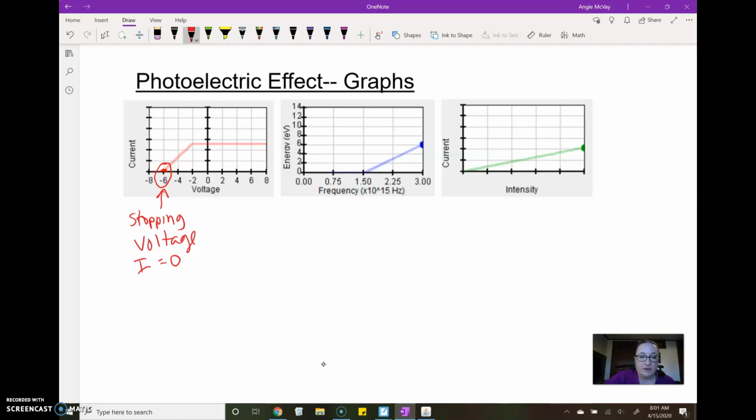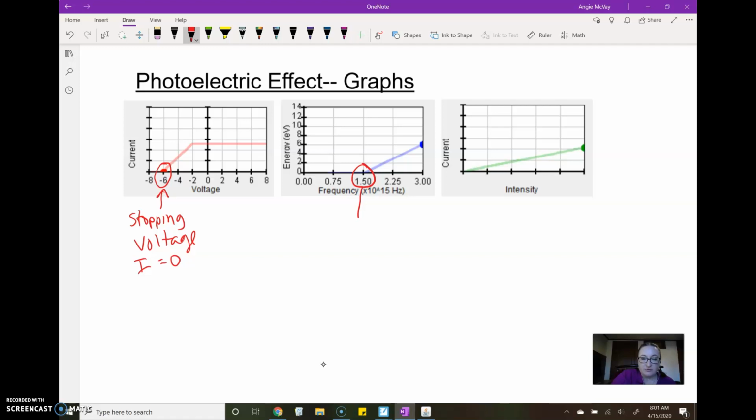Okay, and then when we're talking about energy of the electrons that are emitted from the target, we can see that there is also a limit for the frequency. Okay, so there's a first frequency at which we actually see moving electrons that are emitted from the target.